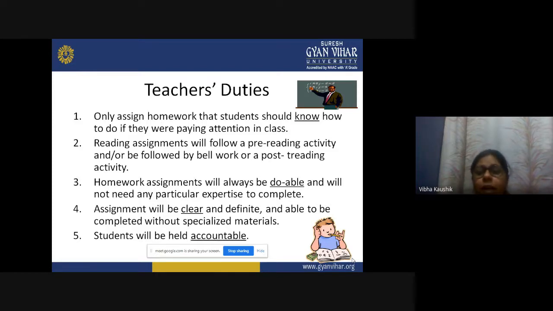It should be defined in a proper manner and able to be completed without specialized material, or no other specialized material is needed to complete that particular assignment or work. Students will be held accountable. They should be held accountable for their particular work.